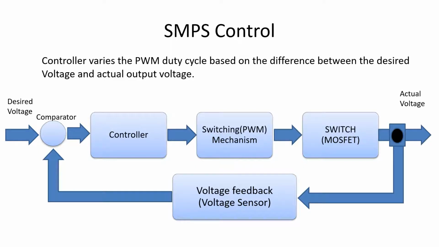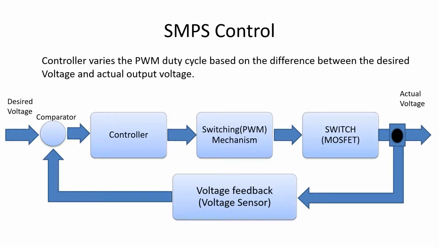If the voltage is below the desired voltage, in that case the controller increases the duty cycle so that the voltage increases. So this is a continuous process. It is frequently sensing and adjusting, controlling the voltage so that the output voltage remains constant or near constant.